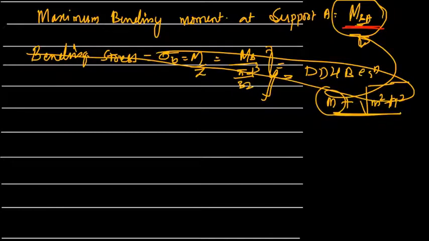What is the shear stress because of power transmission? Now let us find out T here. We already calculated T, so you can substitute that T and you will get d cube directly.